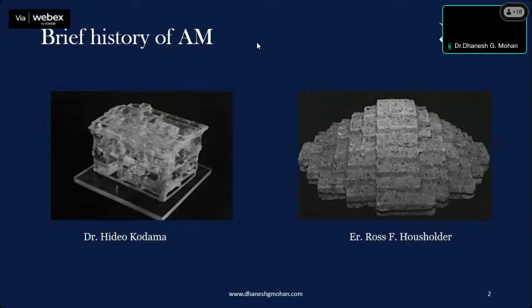While driving, he saw sunlight falling on sand dunes. Then he thought, why don't we focus a light on a particular area to melt materials and create a layer-by-layer structure? It also happened in the 1980s, and he prepared the exact one using sand.